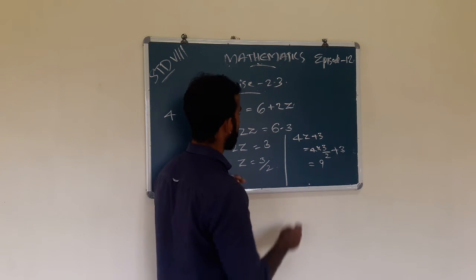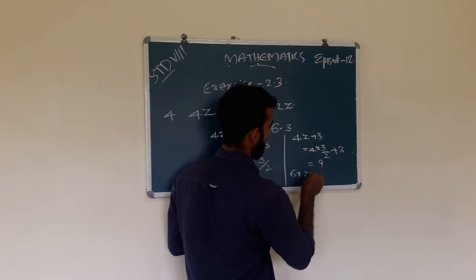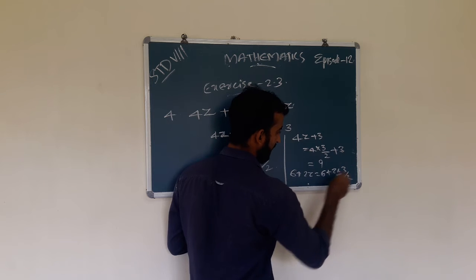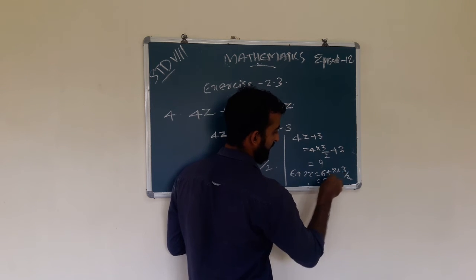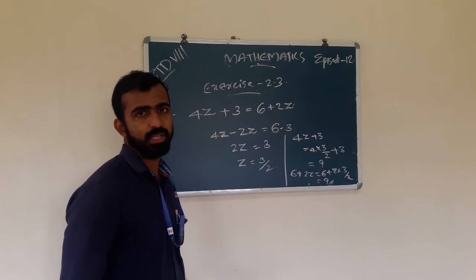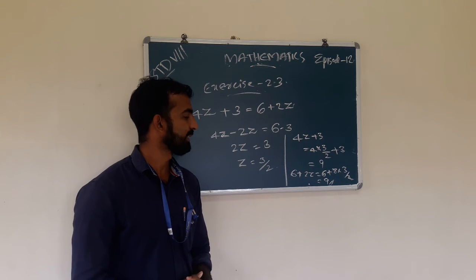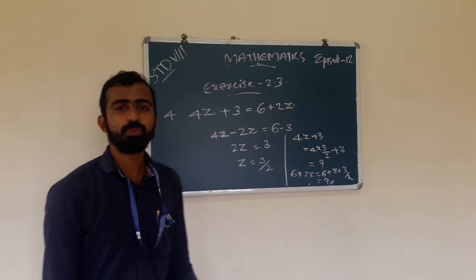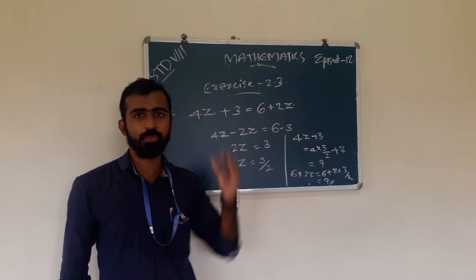And the next one is 6 plus 2z, that is 6 plus 2 into 3 by 2, that is 6 plus 3, we get 9. The answer is same. Yes. So when we give z as 3 by 2, the equation is satisfied.